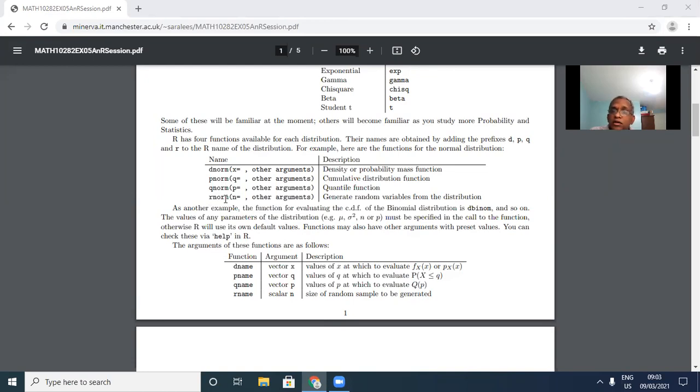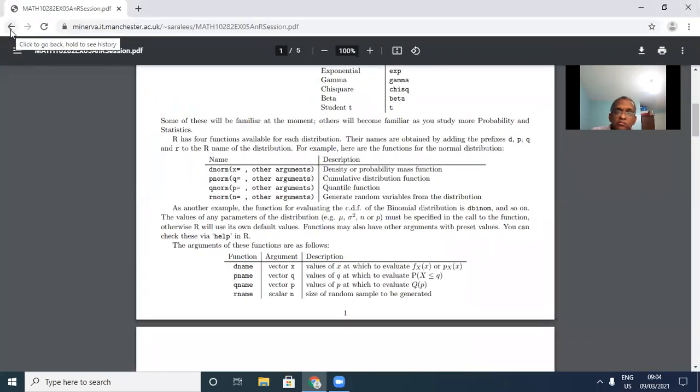Rnorm will generate random numbers from normal. All right. So these 4 names, D, P, Q, R, apply to any distribution. It could be normal, it could be exponential, it could be log normal, and so on, right? They apply to any distribution. All right, guys. All right, now let me go to the next page.